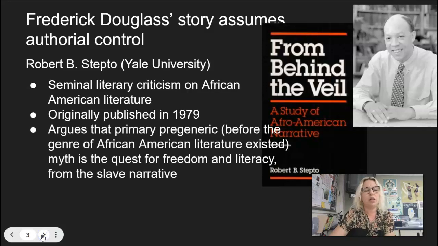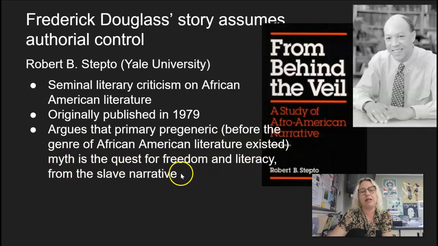He argues in this text that the primary pre-generic myth, before the genre of African-American literature existed, because slave narratives were the first genre of African-American literature since slaves were not permitted to read and write, is the quest for freedom and literacy, and that it comes originally from the slave narrative.